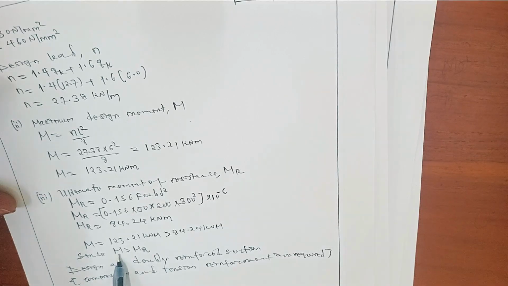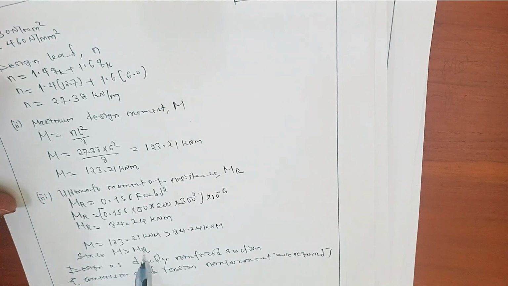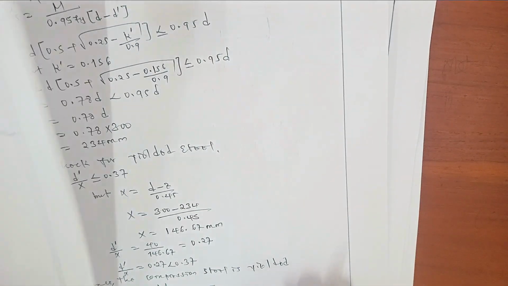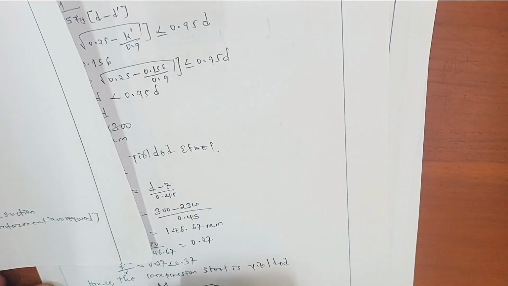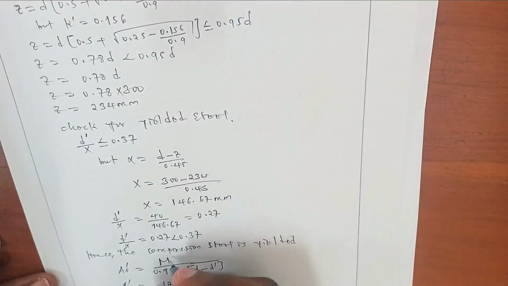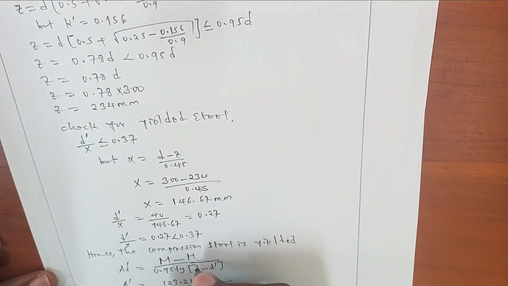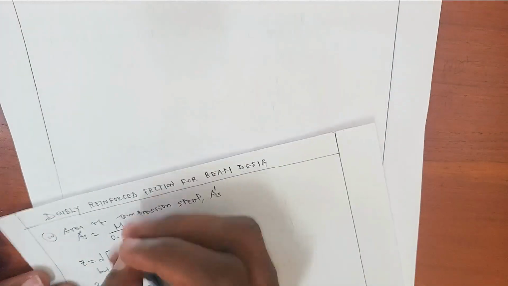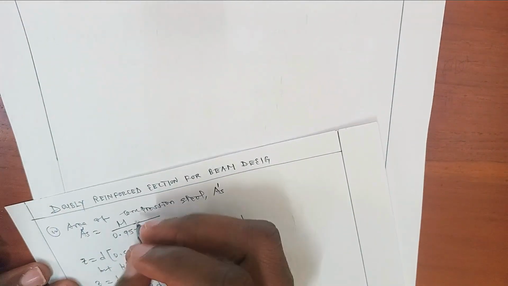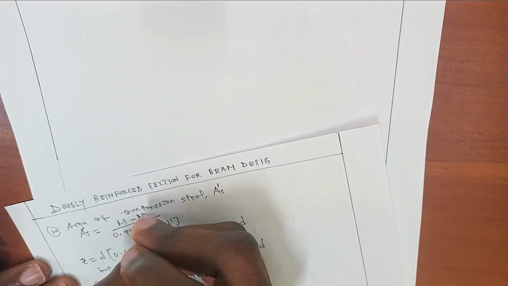Since M is greater than M1, to obtain the area of compression, we take the maximum design moment minus the ultimate moment of resistance.